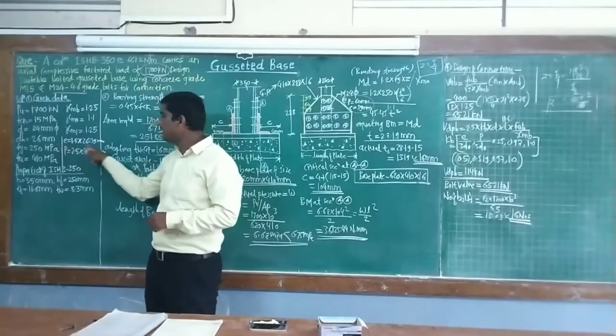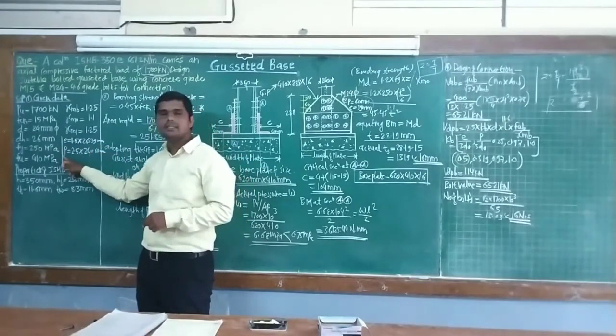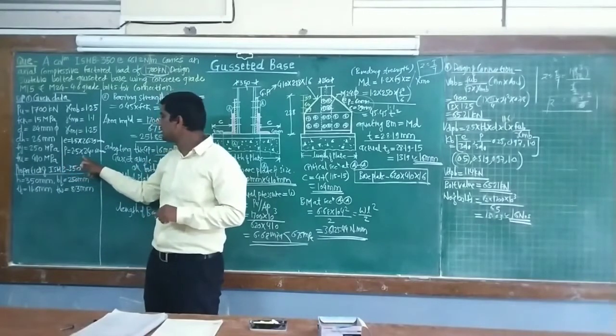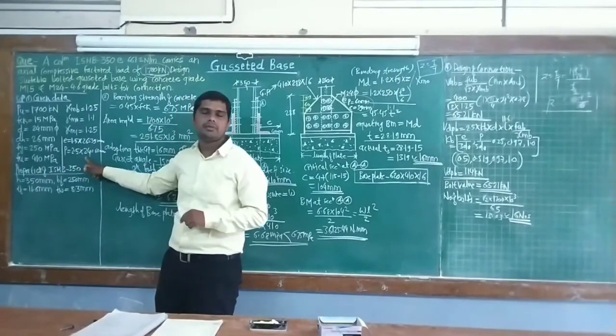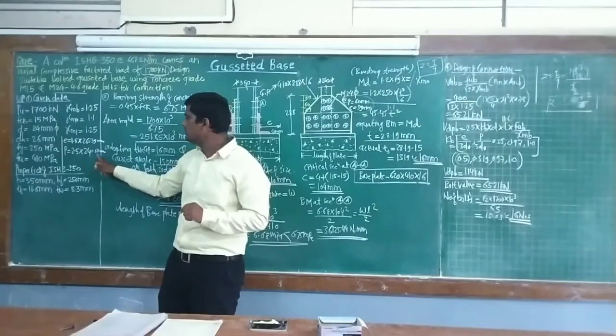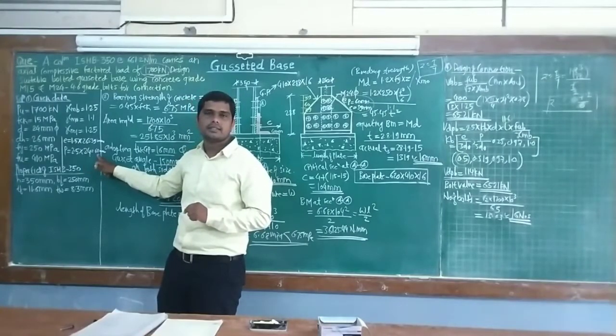Then pitch distance is 2.5 times the diameter of the bolt. Here the diameter of the bolt is 24, so the answer is 60 mm.